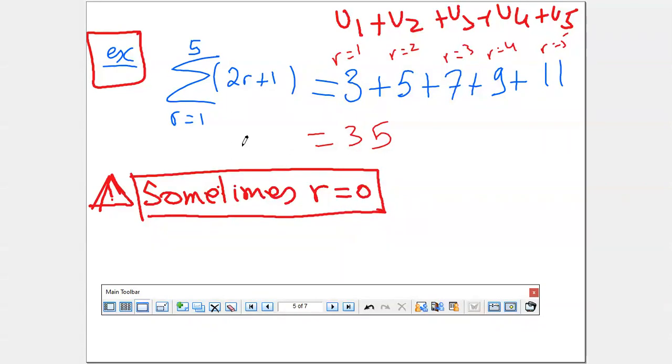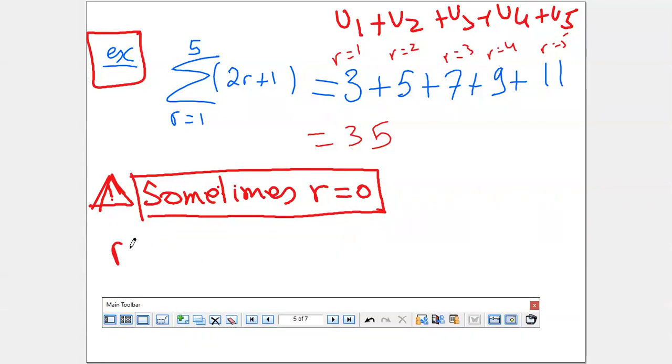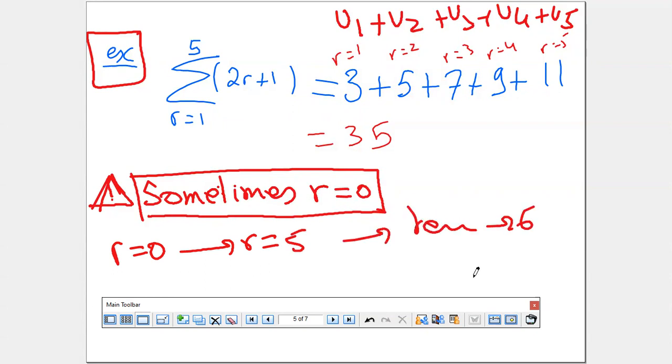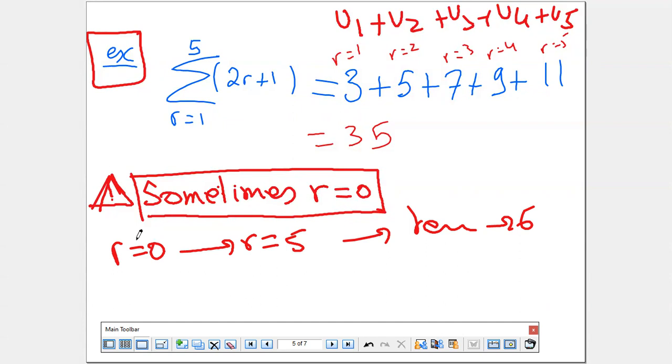As I said, sometimes r can be 0, but if it's given like this, we will start with the first term at 0. And in this case, you need to be careful. When I say, for example, from r equals 0 till r equal to 5, how many terms do I have? I have 6 terms. How do you find the number of terms? You subtract and add 1.